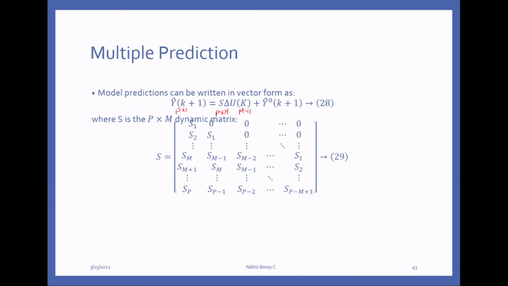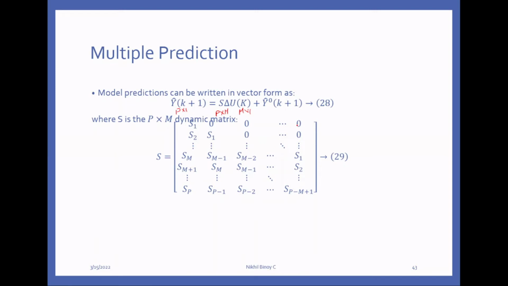So we all know what S1 to Sp are. These are the step response coefficients. We already know how to find them. So we can write the dynamic matrix as this one.